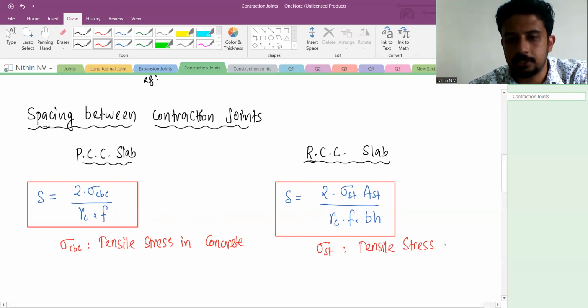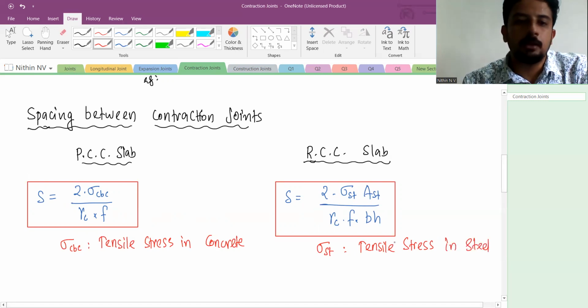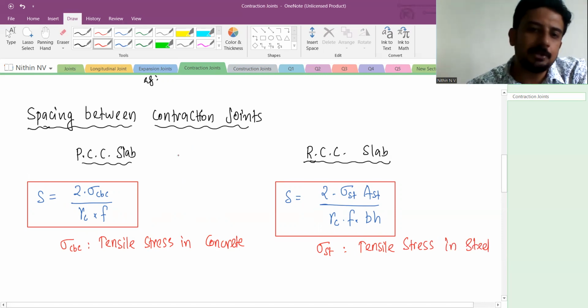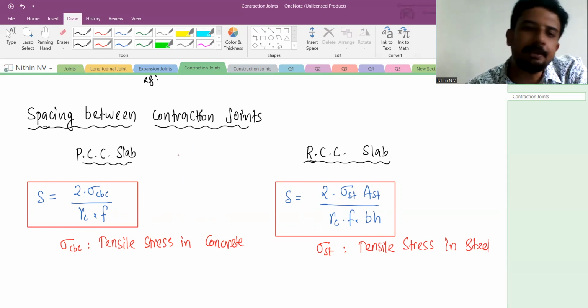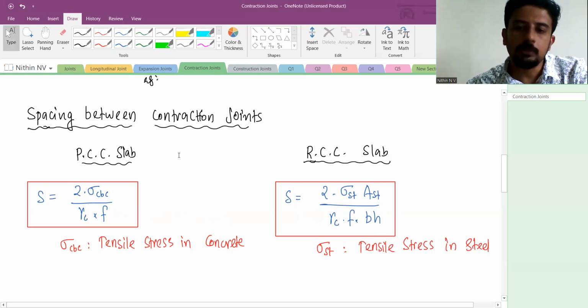Previously, in the PCC slab, there is no steel, no reinforcement, so the entire stress has to be taken by the concrete itself. Understood? So in the first equation, for PCC, it will be of concrete. In the second equation, it will be of steel.